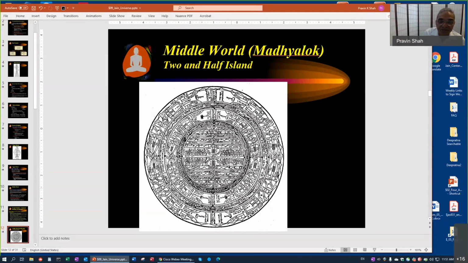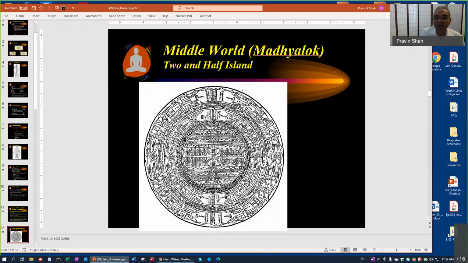Right in the middle, if you catch the diagram properly, you will see one Bharat Khand on this side, one Bharat Khand from the middle. One is on the east side, one is on the west side. Similarly for Airavat Kshetra.